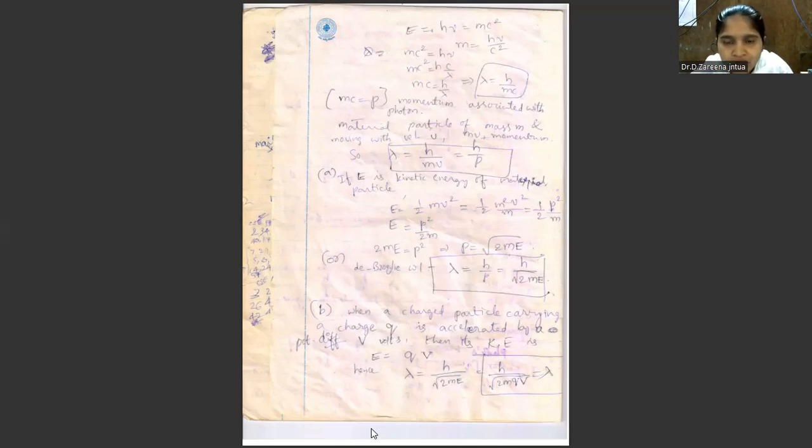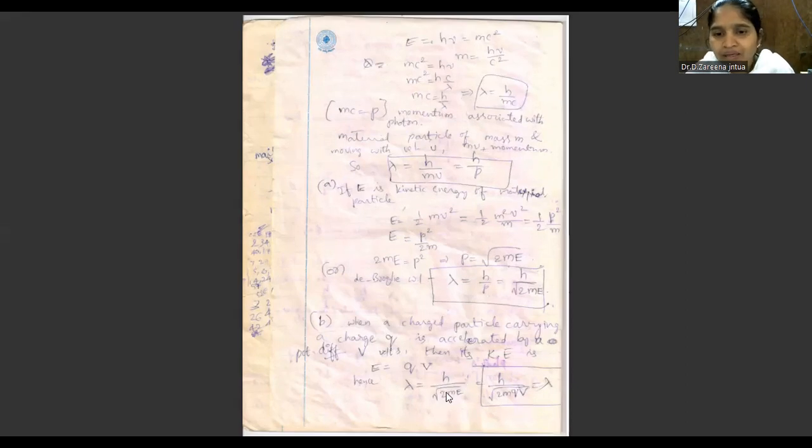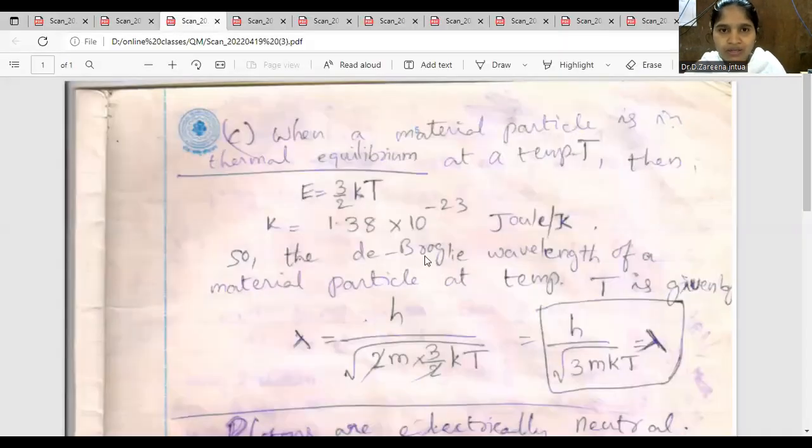So lambda is equal to h by square root of 2mE, the earlier equation we derived. There, instead of E, you write qV. Then lambda is h by square root of 2m qV. So we have derived four equations till now. We will see what other equation can fit for this de Broglie wavelength.